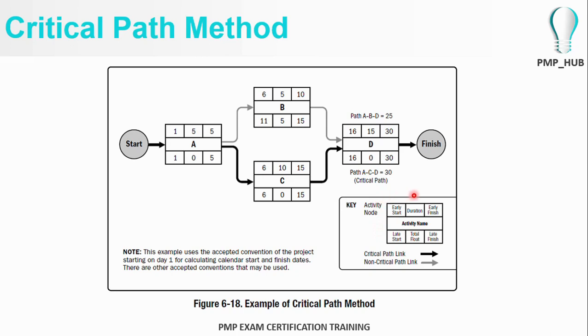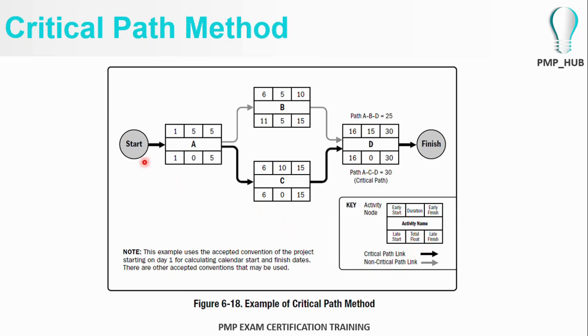Can you remember this notation, where the early start time and early finish time, the latest start time and latest finish time are indicated, and the duration is indicated in this box, and the total float is indicated in this box? With that revision, let's look at this network diagram.